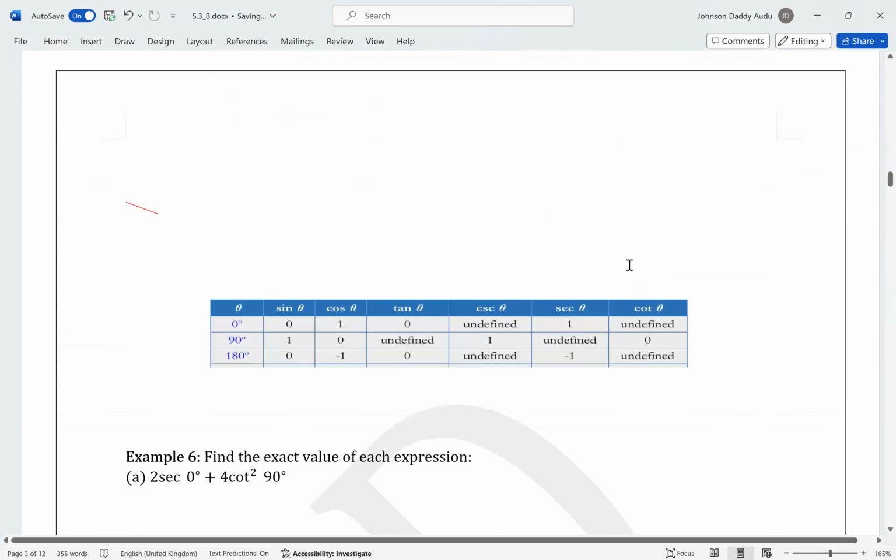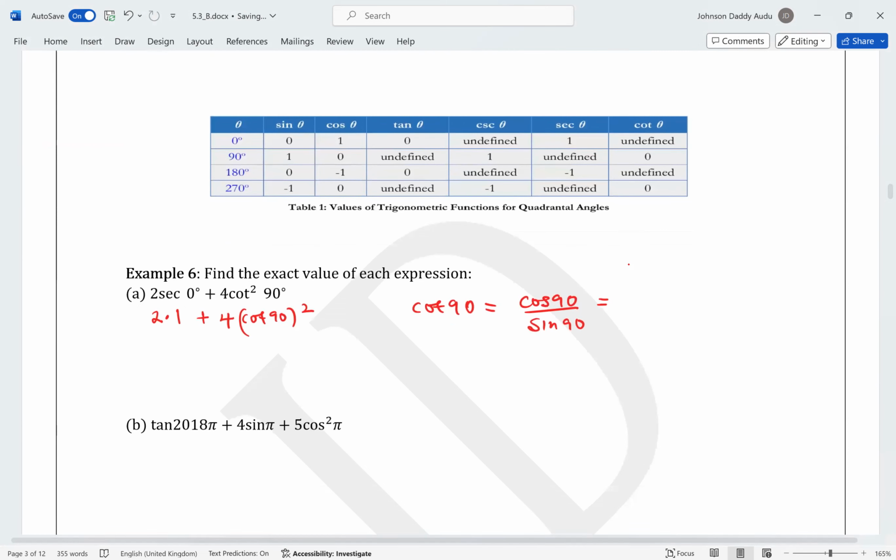So this will be 0 over 1, which is equal to 0. So here we'll have 2 plus 4 times 0 squared, which is just equal to 2.